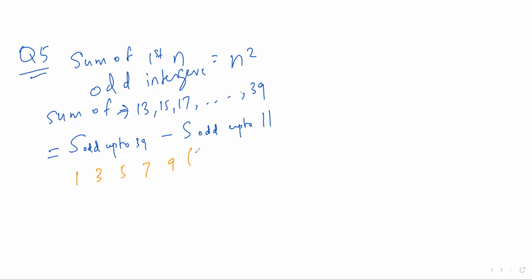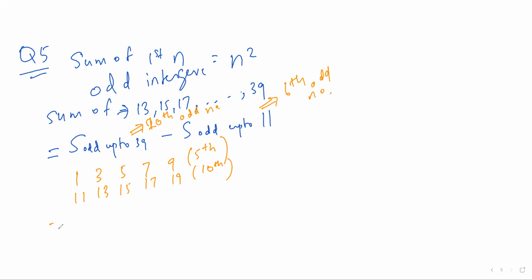So 9 is the fifth odd number. And then 11, 13, 15, 17, 19. This is the 10th odd number. So similarly, 39 is the 20th odd number.